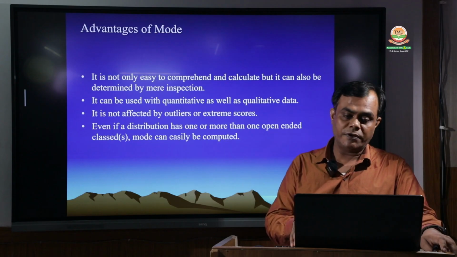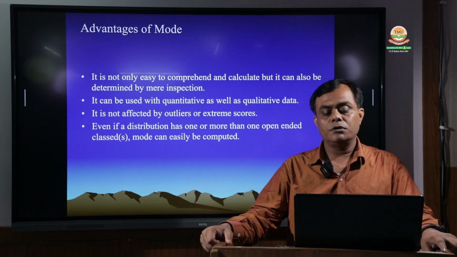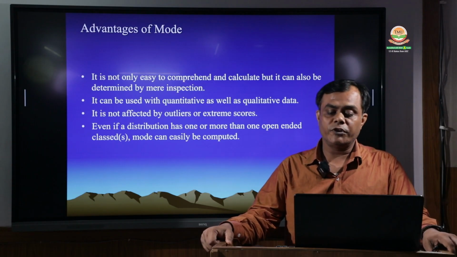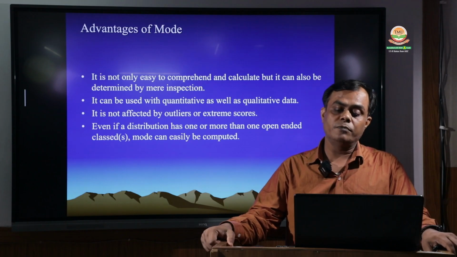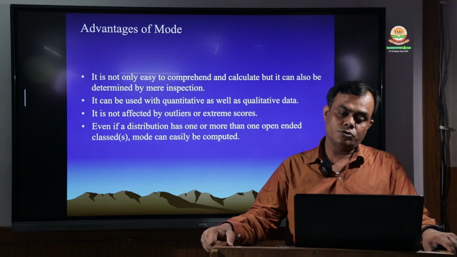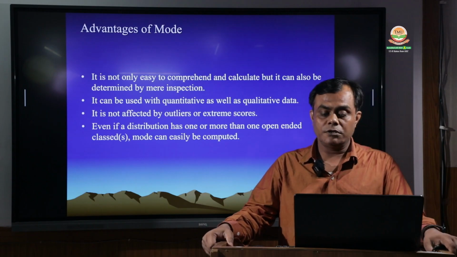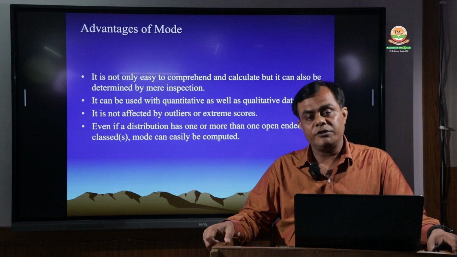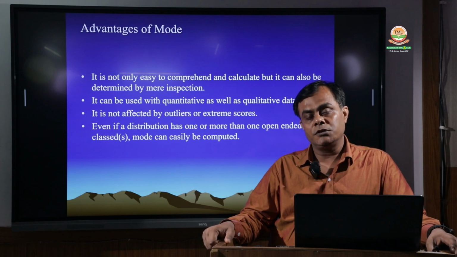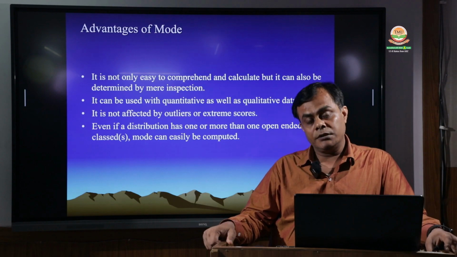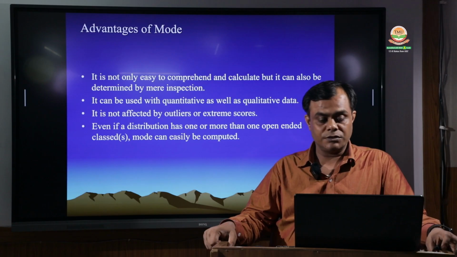So next is the advantage of the mode. It is not only easy to comprehend and calculate, but it can also be determined by mere inspection. So simply, it is easy to compute compared to the mean or median, and it can be determined by inspection, and there are immense uses in different fields of business.